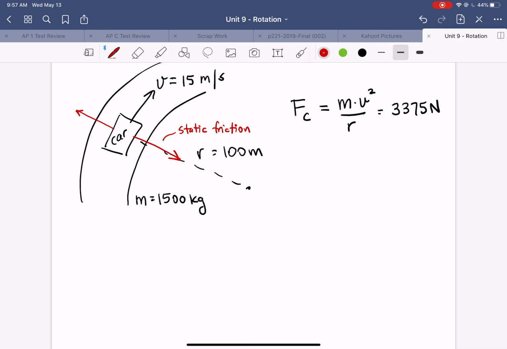That is actually a result of your inertia trying to keep you going in a straight line rather than turning. But once you are moved up against the side of the car, let's say this is you up against the outside door of the car, that car door is going to push on you, and it's going to push you in the direction towards the center. So there's actually no force acting on you in this direction. There's only a force pushing you towards the center of the turn.